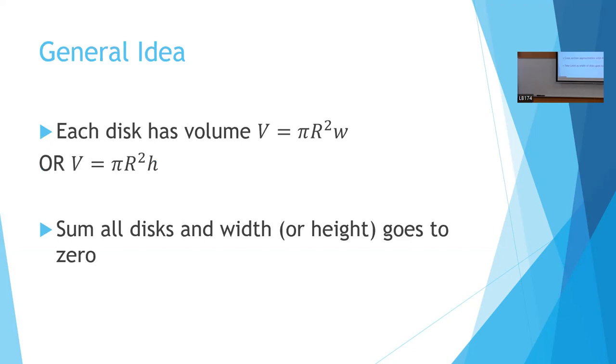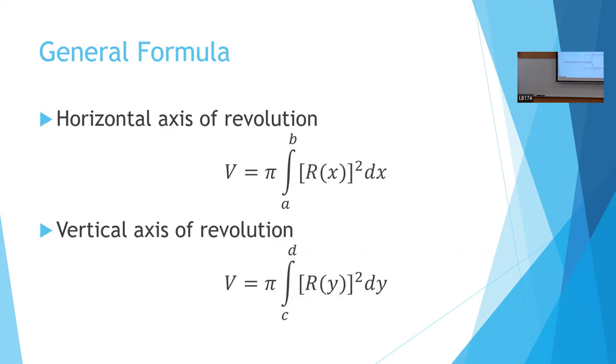All right. And we take the limit as the widths of the rectangles or the widths of the disks go to 0. And we end up with two volume formulas. Basically it's integrating pi r squared, where the radius is going to be different for different rectangles.